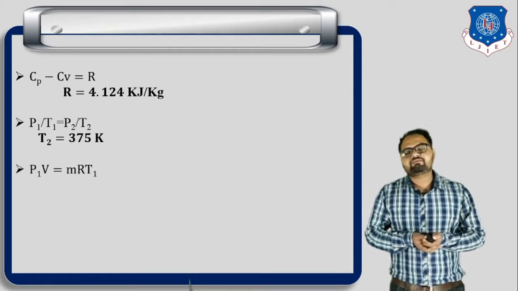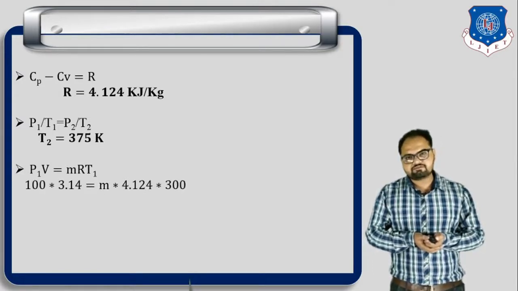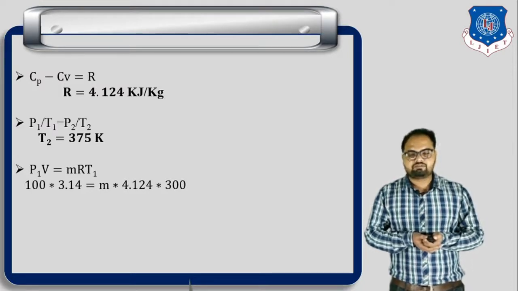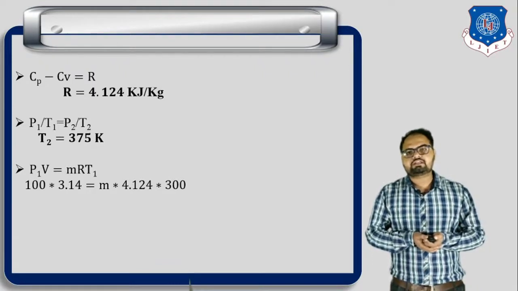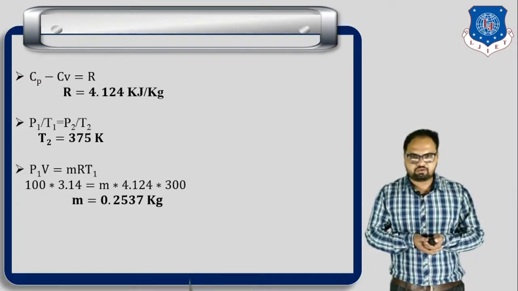Now we can easily find the mass. P1 V1 is equal to m R T1, so 100 into 3.14 meter cube is equal to mass times R, 4.124, times T1, 300. We get mass as 0.2537 kilogram.